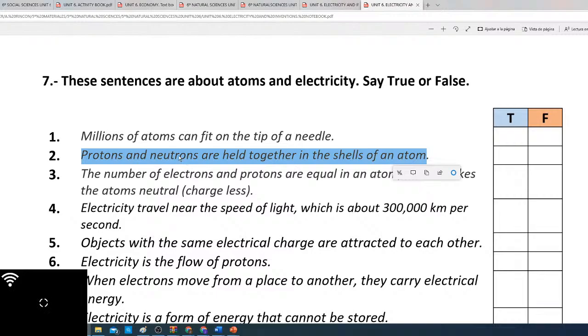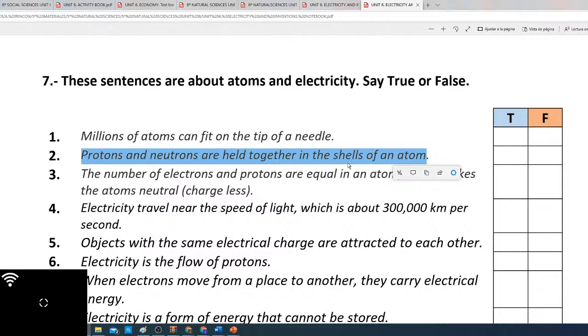Protons and neutrons are together. But are they in the shells or in the nucleus? An atom is composed of two parts. The shells is the outside part, and the nucleus is the inside.